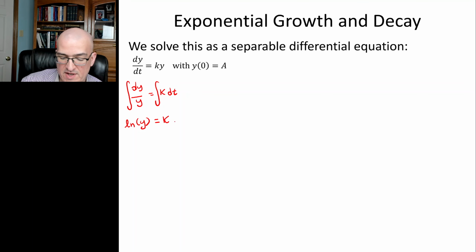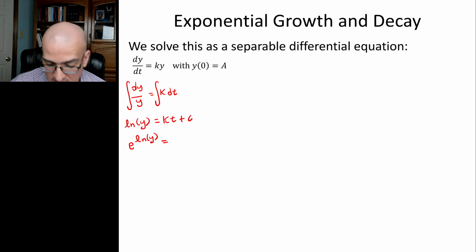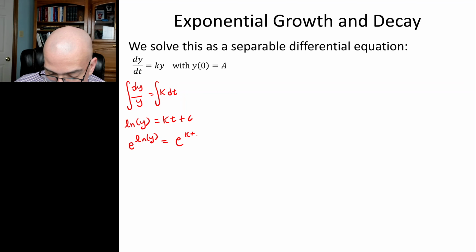On the right-hand side, the antiderivative of k with respect to t is k times t plus c. All right, now I'm going to exponentiate both sides, raise both sides as powers on a base of e. I'm going to use base e to get access to the cancellation law on the left-hand side. So e to the kt plus c. We get cancellation law, y is equal to.